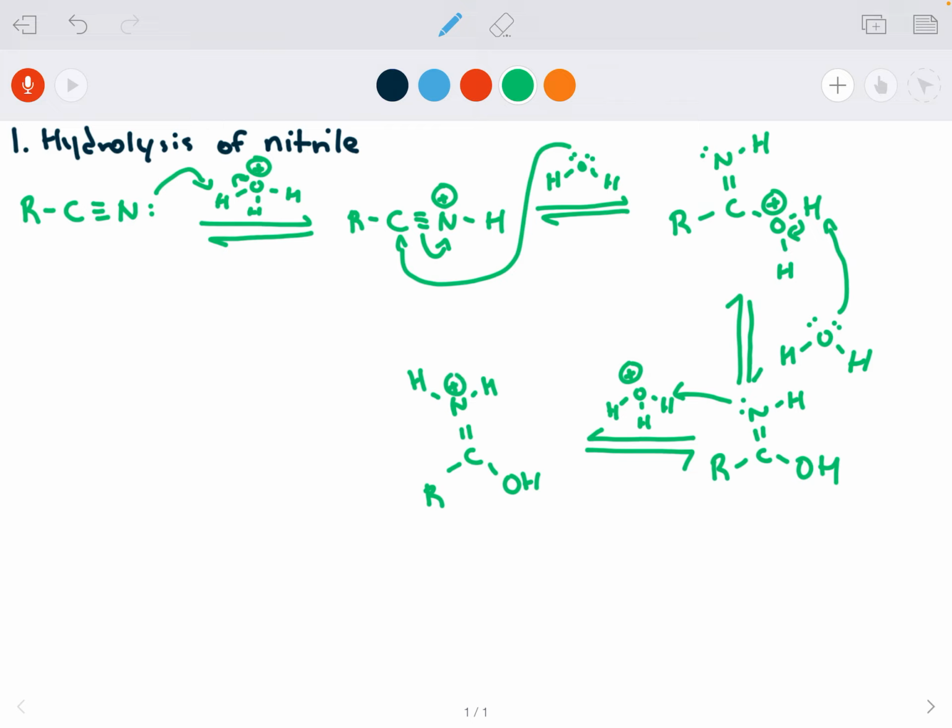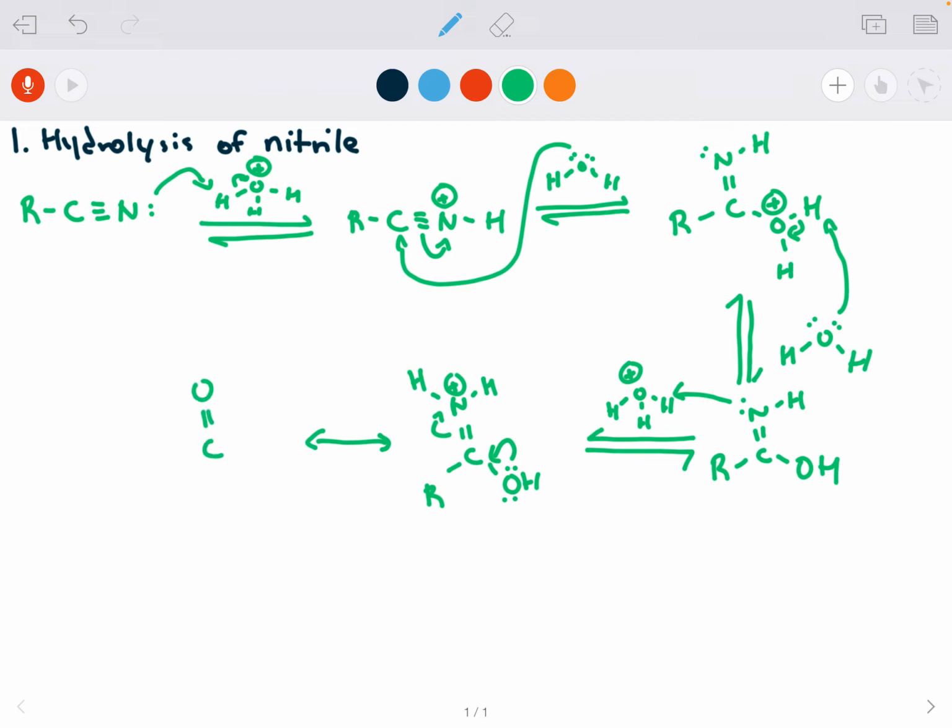So now that I have that protonated, this will allow me to draw a resonance structure where the double bond now goes between the carbon and the oxygen.